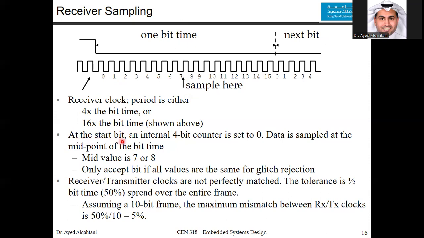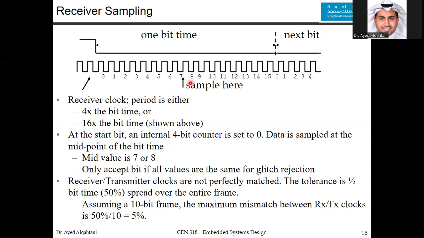So at the start bit, an internal 4-bit counter, because we are counting from 0 to 15, we need a 4-bit counter. You start from 0 and then 0, 1, 2, 3, and so on. The data is sampled at the midpoint of the bit time, which is the mid value, which you could say is 7 or 8, one of them.